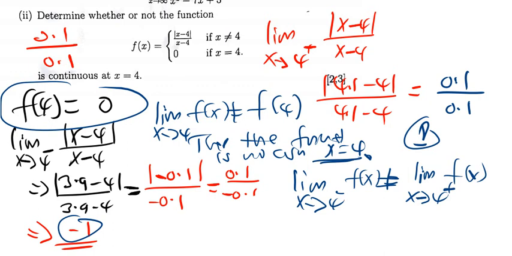Check it out. This question was a bit tricky because the condition was telling us that x should not be equal to 4. That's why I don't want to plug in 4. Once I plug in 4, it will be undefined. Is that okay? So it is not continuous at x equal to 4. That's what we should know.